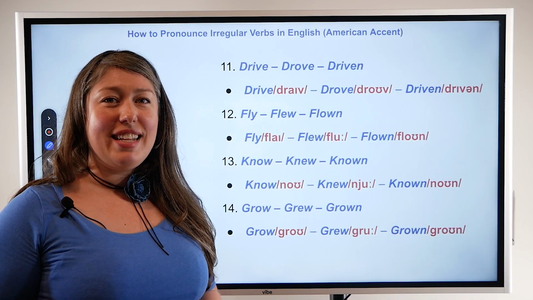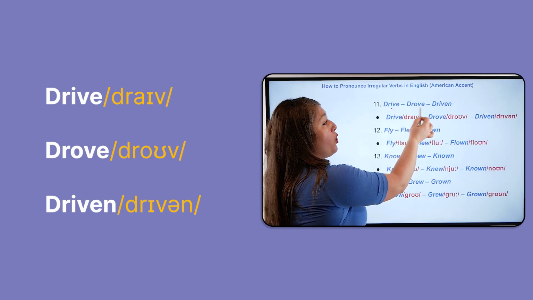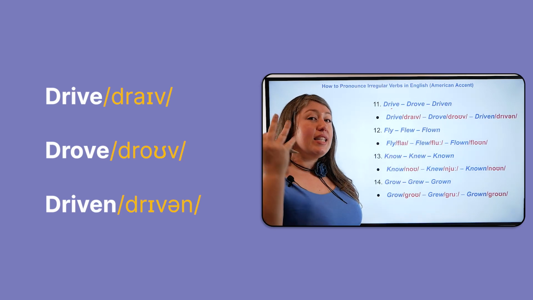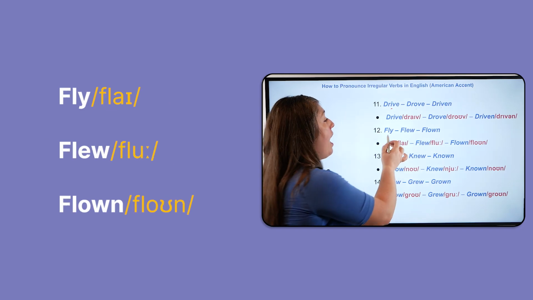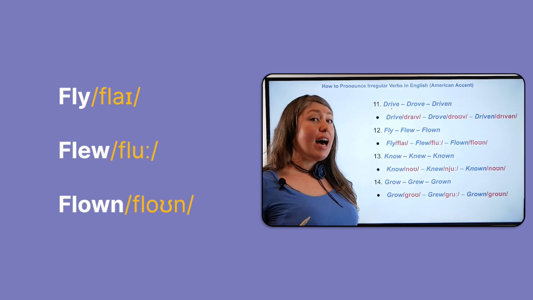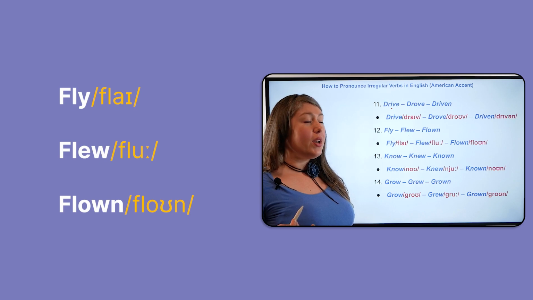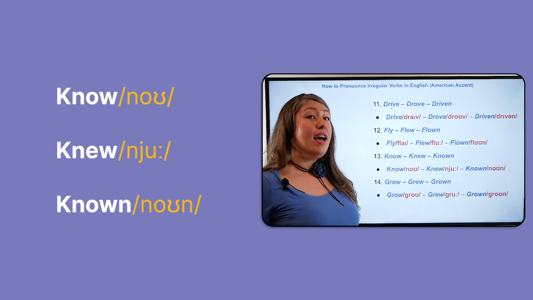Okay, let's keep practicing. You're going to memorize all of these at some point. Drive, drove, driven. Once again, drive, drove, driven. Fly, flew, flown. Fly, flew, flown. Know, knew, known.